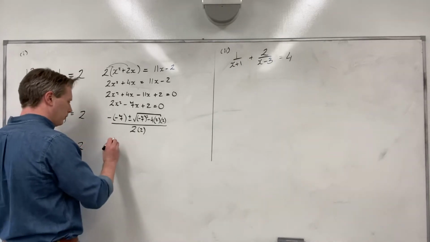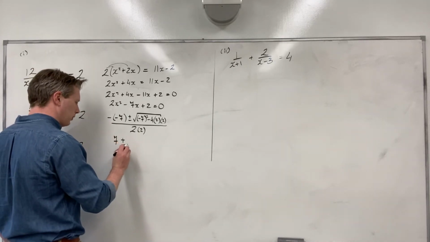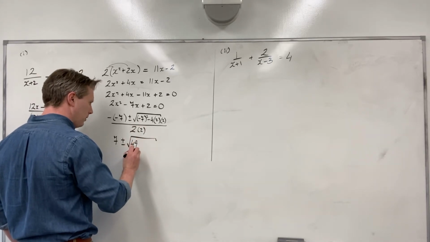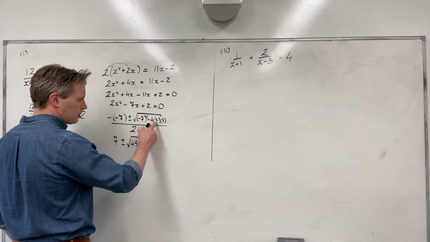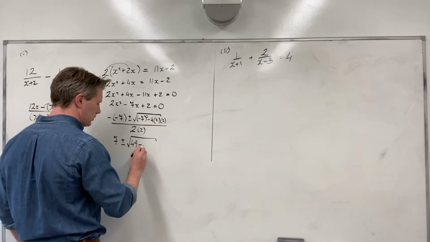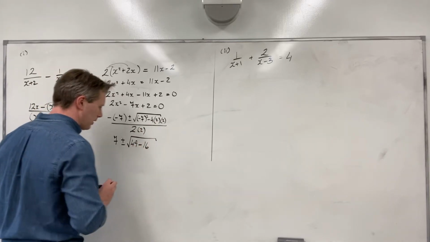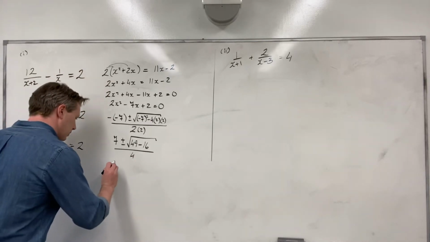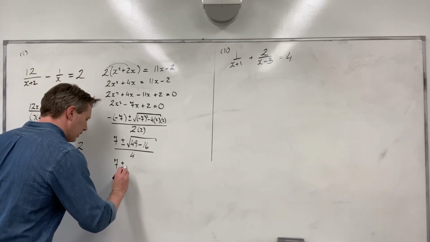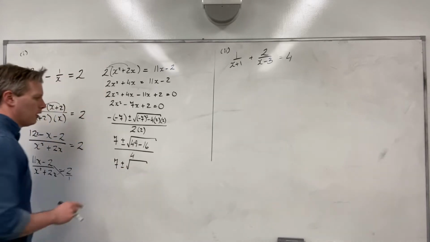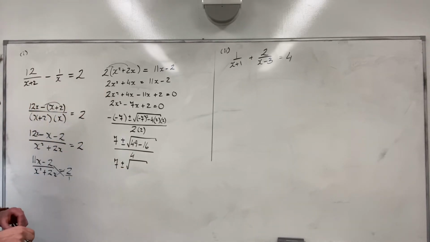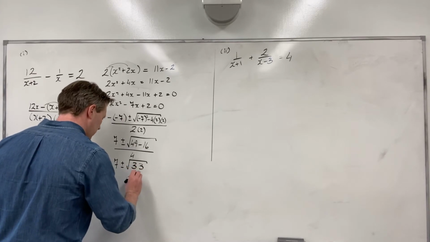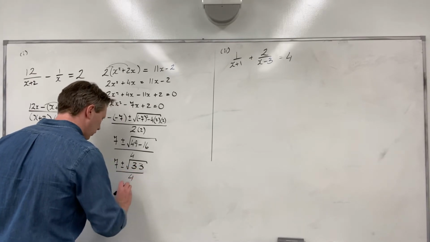Double negative will give me positive 7 plus or minus the square root of minus 7 squared is 49. 4 times 2 is 8 times 2 is 16. So I have 49 minus 16 all over 4. And so I have 7 plus or minus the square root of 49 minus 16 is 33. So that is 33 all over 4.